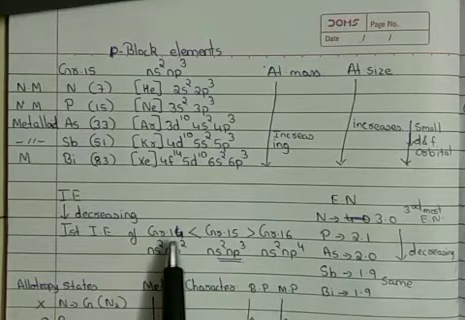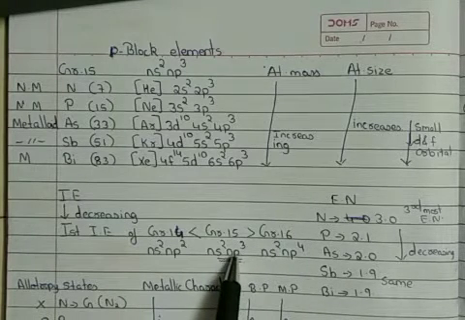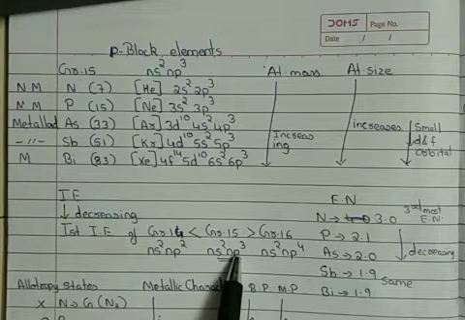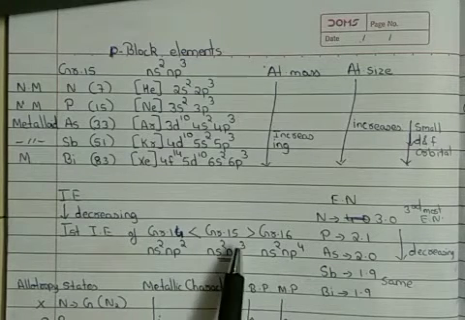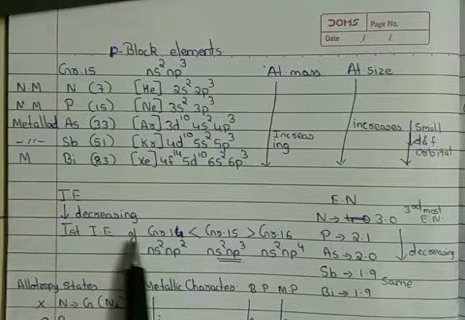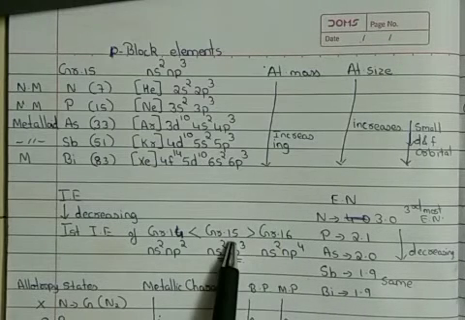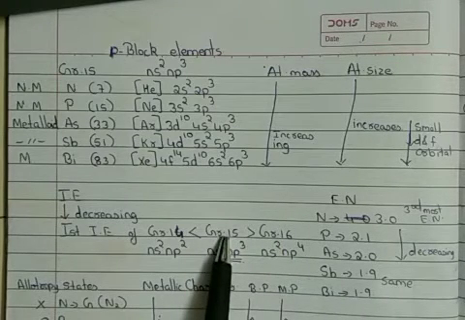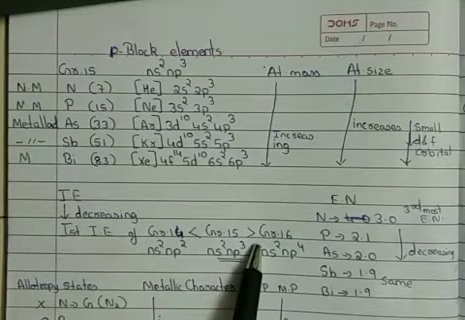np4. Compared to the others, for np3 the energy required will be more because np3 is a half-filled orbital, and according to the rule of stability, half-filled and fully filled orbitals are more stable. So removing an electron from them will be more difficult, and that is the reason when we compare the first ionization enthalpy of the members of groups 14, 15, 16, the order will be: group 15's first ionization enthalpy will be highest, then group 14, and then group 16.